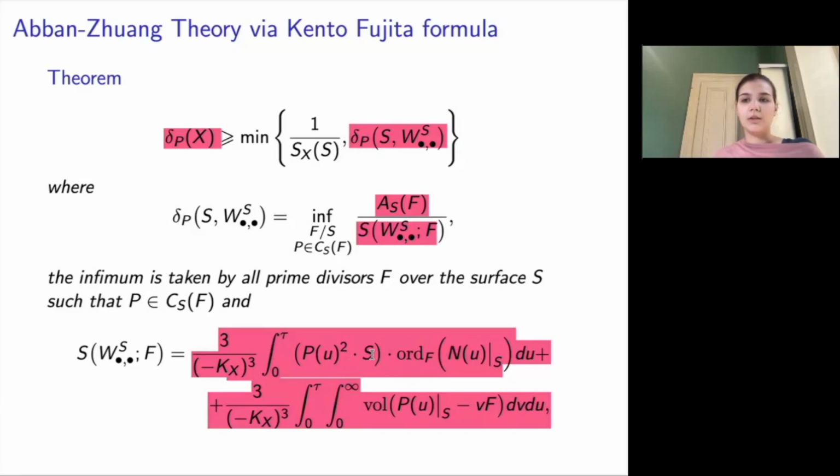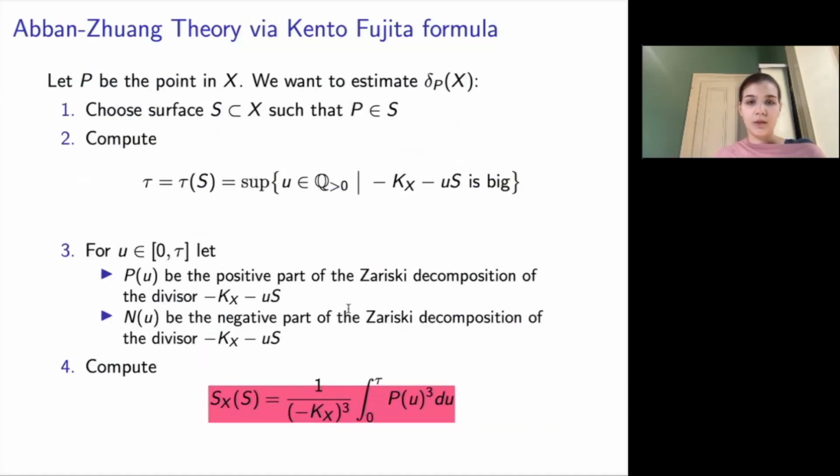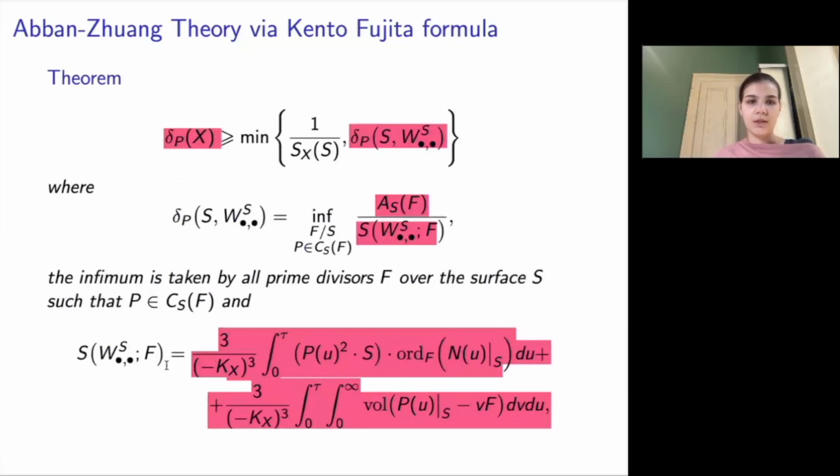I know that it looks a bit scary, but what we need to understand from this is that at the end we need to know 3 numbers. We need to know our log discrepancy A, this S integral, and this S_W integral, and all of it is computable.